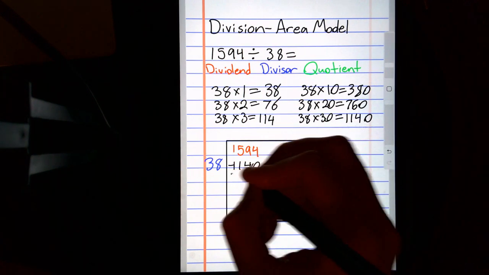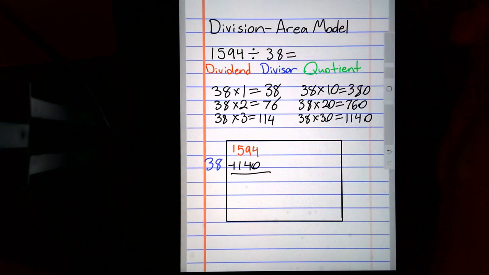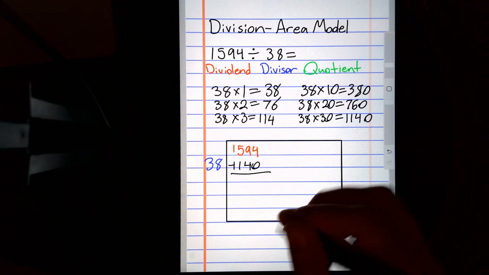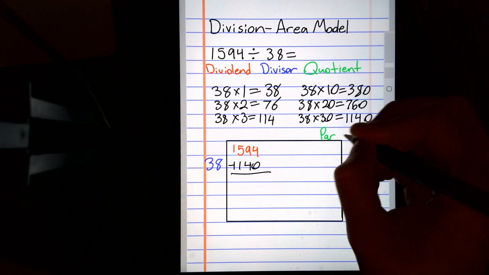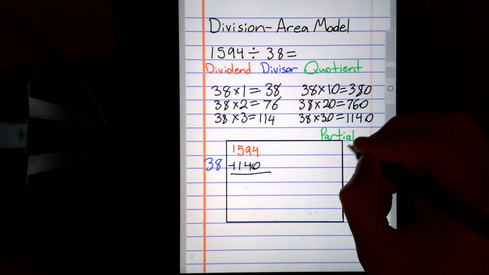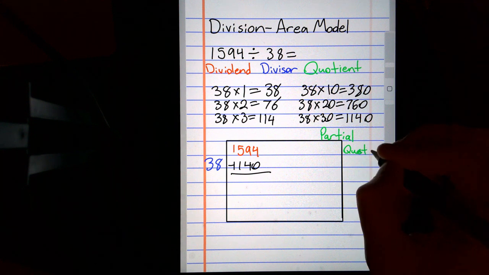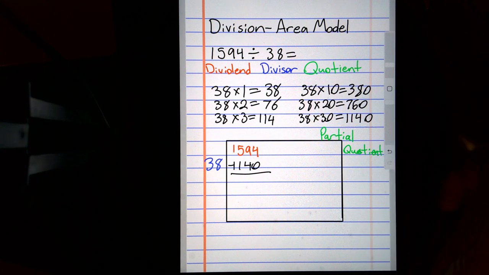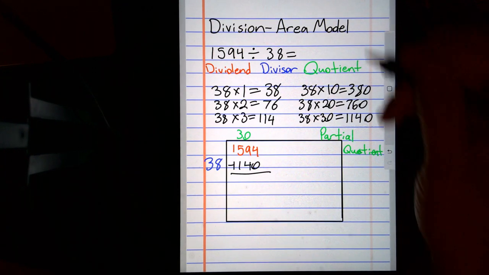And we're going to subtract. Because we added that number, we need to go ahead and add our partial quotient. Remember, we had our partial products. Now we have our partial quotients. So in this case, our partial quotient is going to be 30.